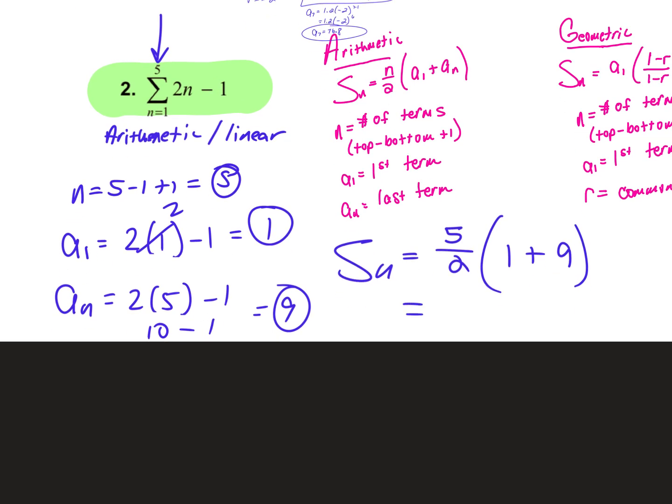Okay. So I have 5 over 2 times 10 over 1. What's 5 over 2 times 10 over 1? What's 5 times 10? 50 divided by 2. 25.